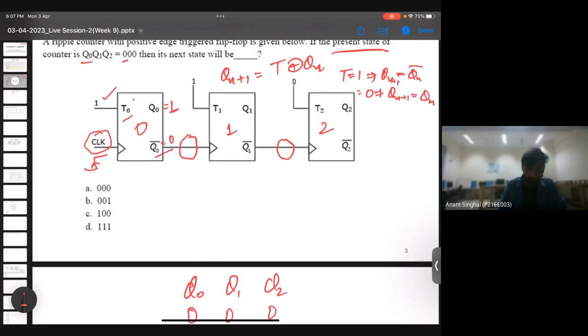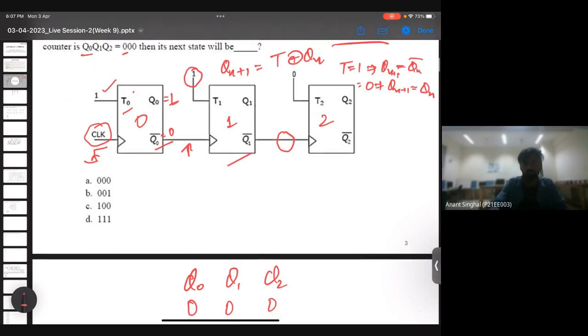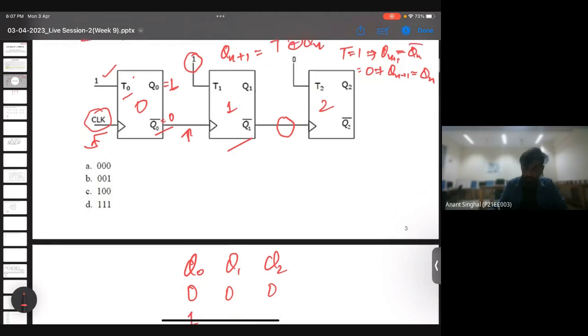Since it is 0 and it is a positive edge triggered flip flop, the clock will not get a 1 here. So this toggling won't work for the next flip flop. Since this clock is not getting a positive edge trigger, T1 equals 1 will not work. So whatever Q1 was in the initial state, it will remain the same. Q1 was initially 0, so it will remain 0 only.